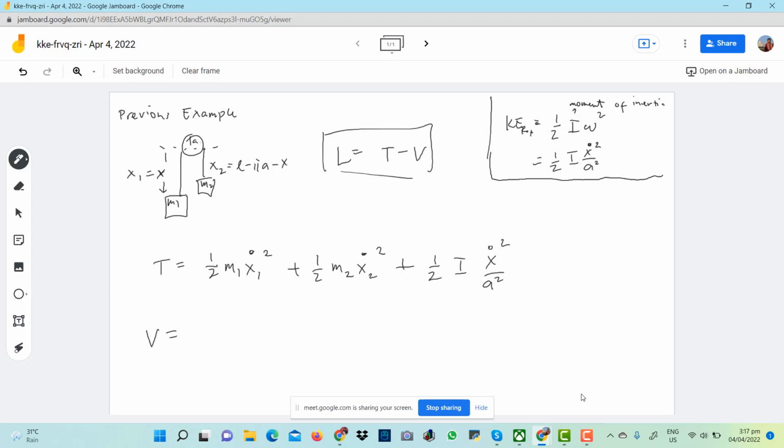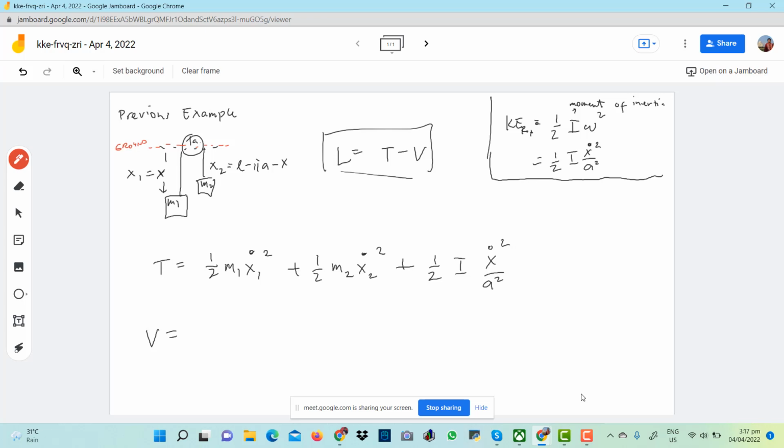If we let the pulley be our ground, this will be our ground. As you can see, the potential energy is negative because the masses are below the ground. So the potential energy would be negative mass times the gravitational constant times the height where M1 is located.